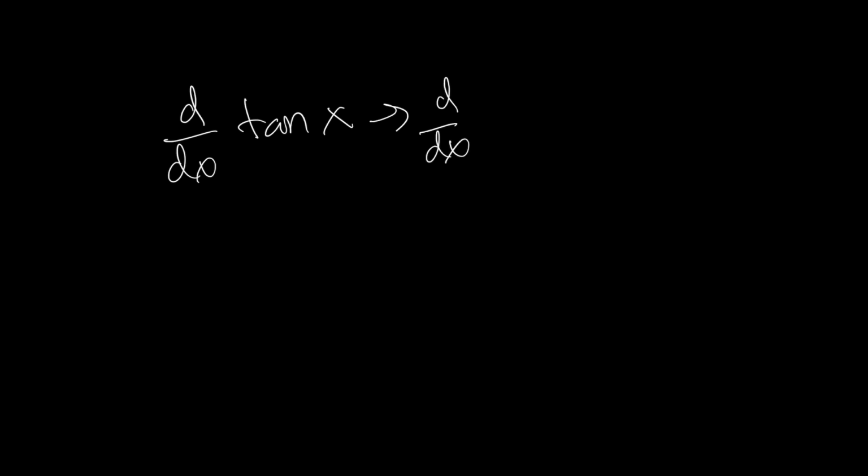squared. Take, for example, the derivative of tangent x, which can also be represented by d dx sine x over cosine x, in which we can apply the quotient rule to.